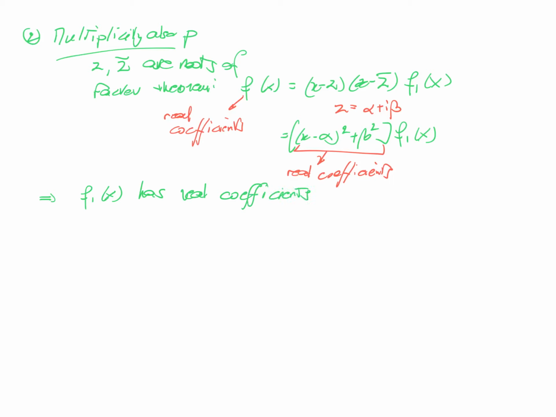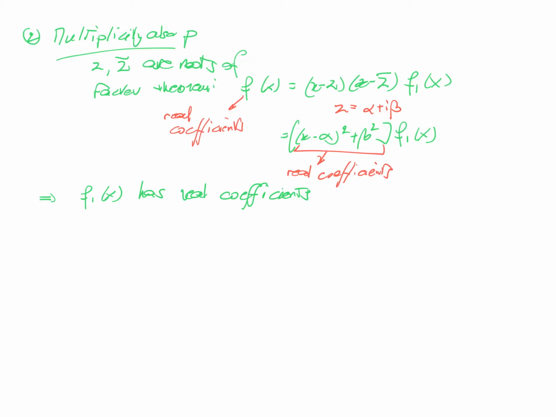We cannot have any complex coefficient in f1, because by multiplying with (x minus alpha) squared plus beta squared, this would mean that f also has an imaginary or complex coefficient, which is not the case. So f has only real coefficients, the extra term only has real coefficients, so f1 only has real coefficients.